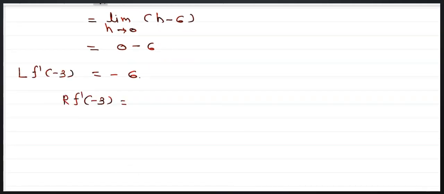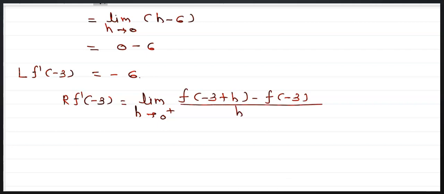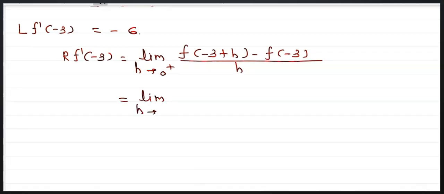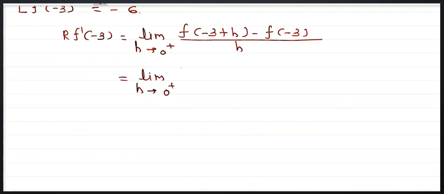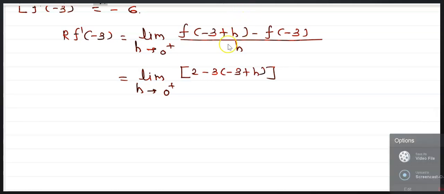And the right hand side limit, that is the limit h tends to 0, f of minus 3 plus h minus f of minus 3 upon h. For that we take the function 2 minus 3x. What is x here? Minus 3 plus h, minus f of minus 3, its value is 11.